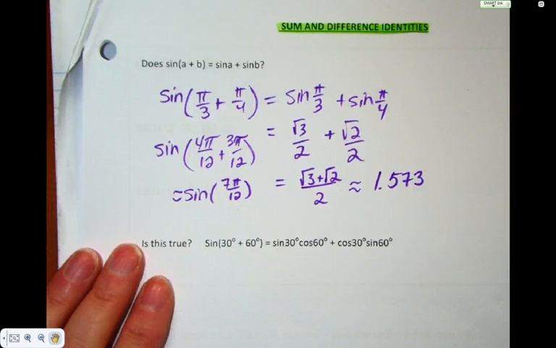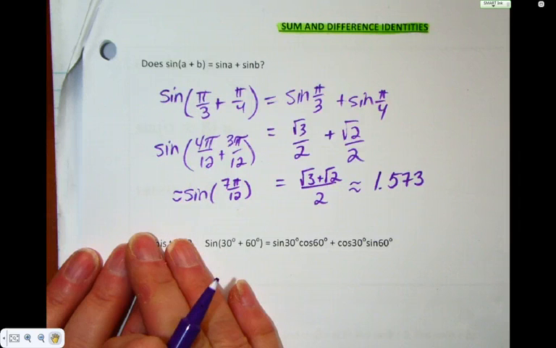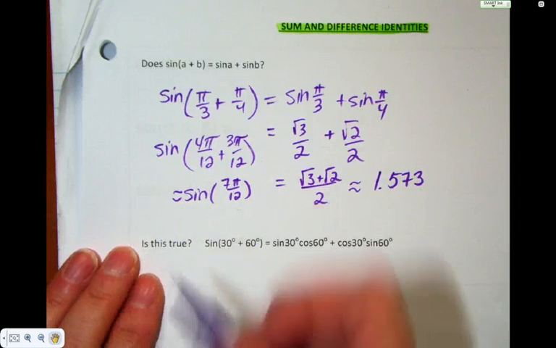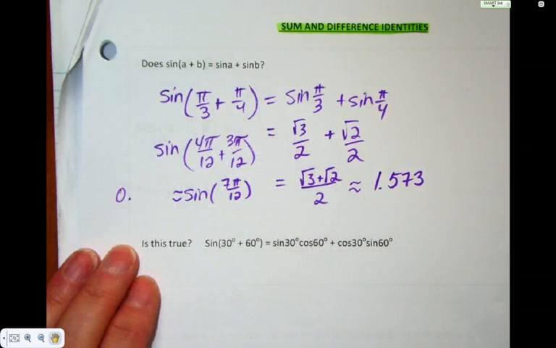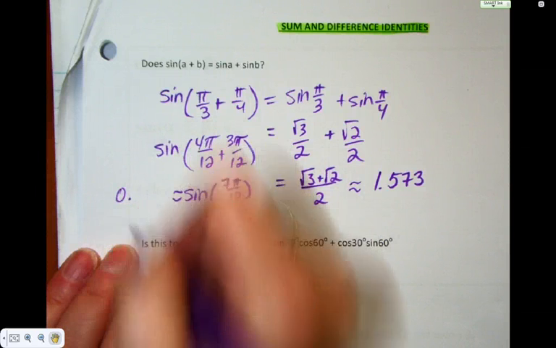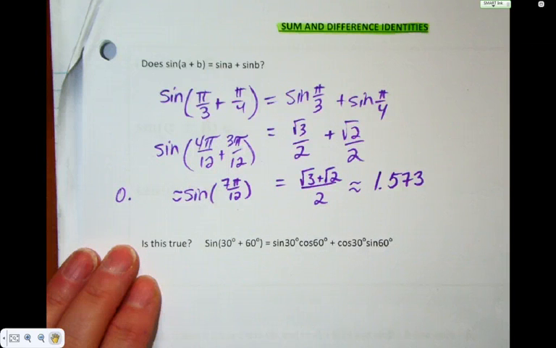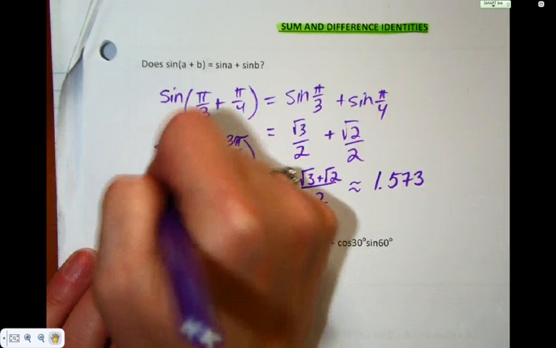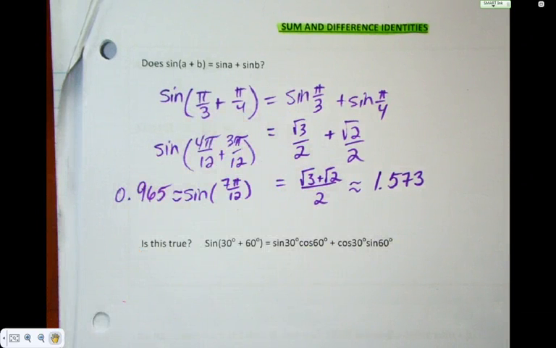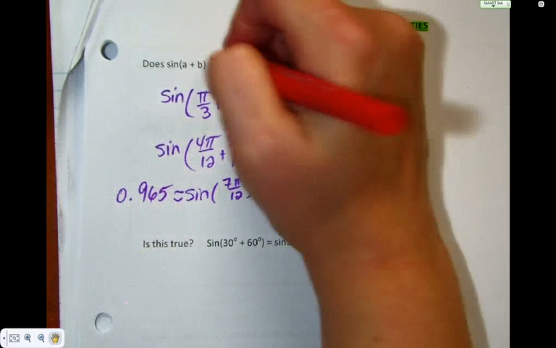Point, sorry, 0.8 point 831, 832. That doesn't sound confirmed. Somebody else? 0.965 sounds confirmed. So the point of all this is these are not equal.